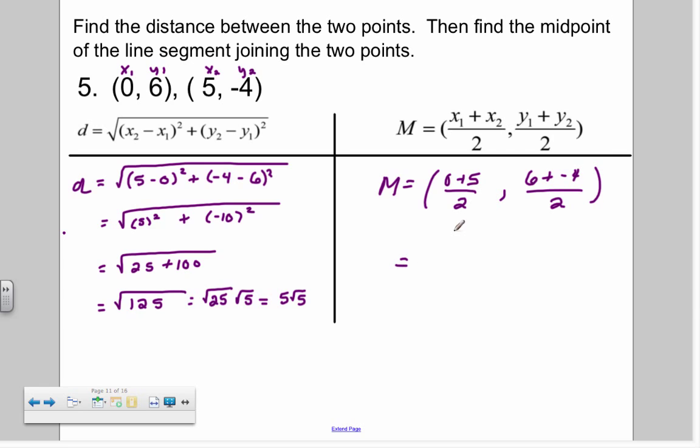Well, 0 plus 5 is 5, and 5 over 2 would give me a fraction, so I'm going to leave it as an improper fraction, 5 halves. 6 plus negative 4 gives me 2, and 2 over 2 is 1. So the midpoint between 0, 6 and 5, negative 4 is 5 halves, comma, 1.